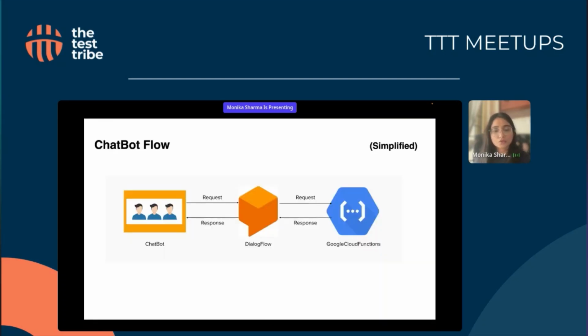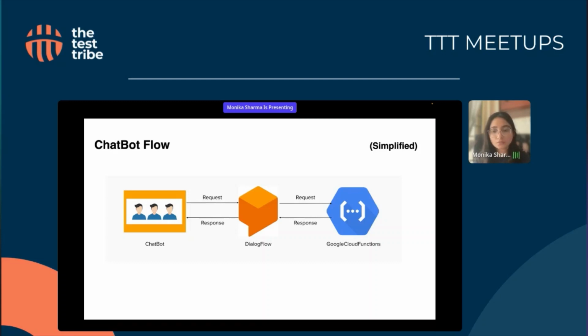Here is my simplest architecture diagram, where I have the chatbot as a component, Dialogflow, and Google Cloud Function. I'll give a rough idea, maybe three or four lines, around how my architecture looks and how the data is flowing.